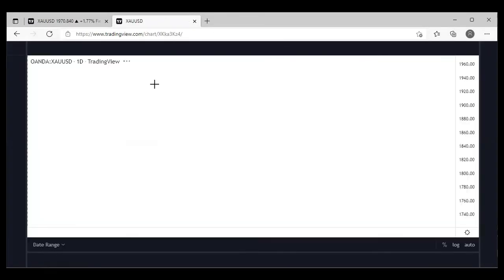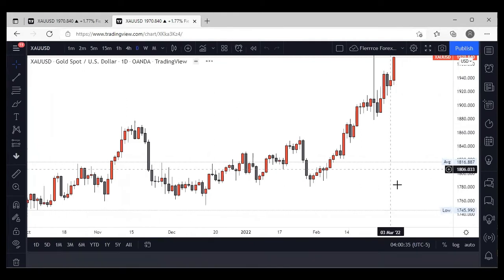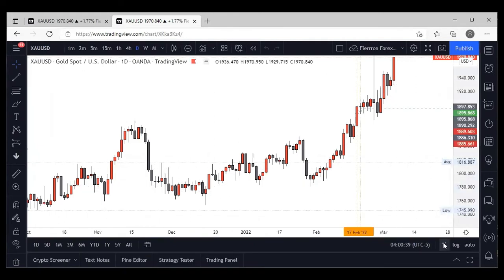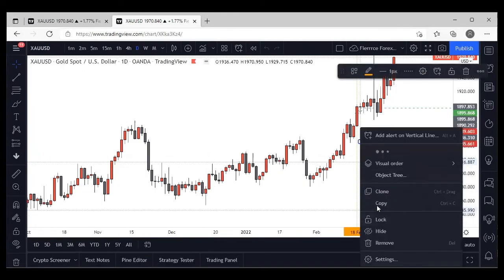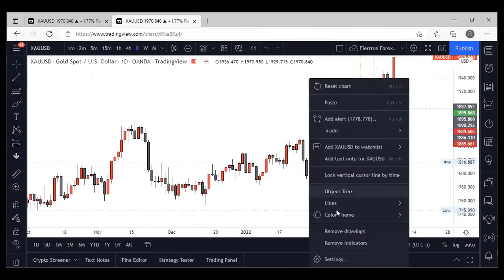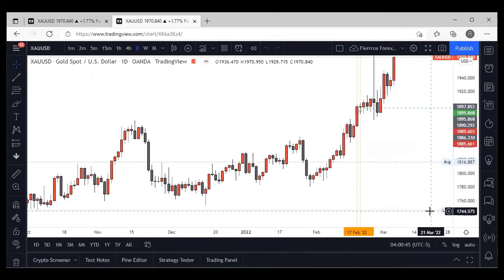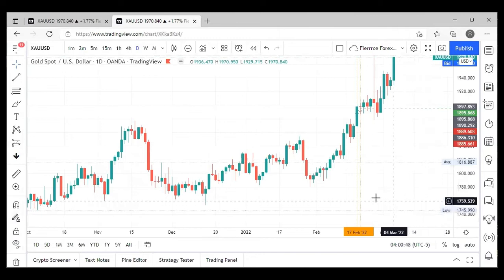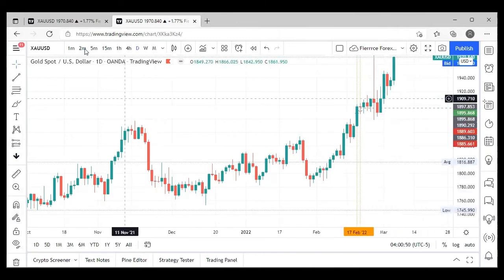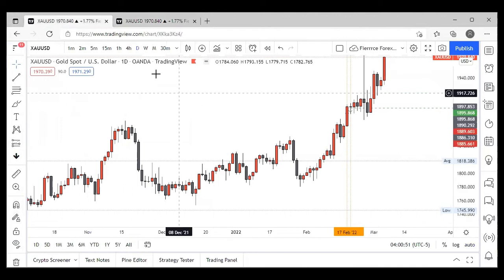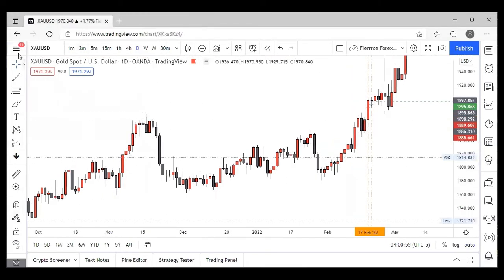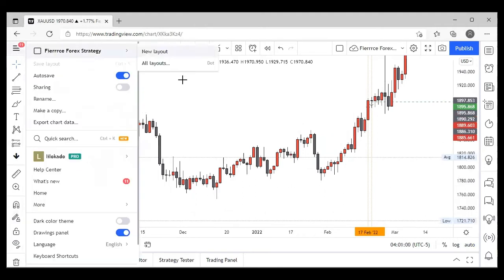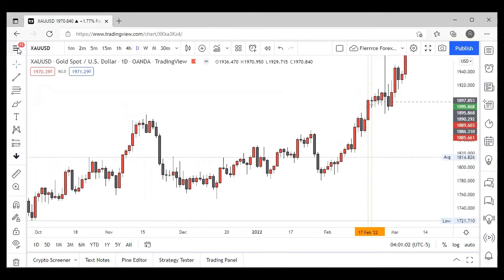Oh, yeah, it is, but then I have to go back to color theme and go back to light. I would need to save this. Let me go back to this one. I don't want to play around anymore. So this is my strategy template. Let me click here again. Yes, Forex. So if I want a new one, I can always save it. So this is it, okay?